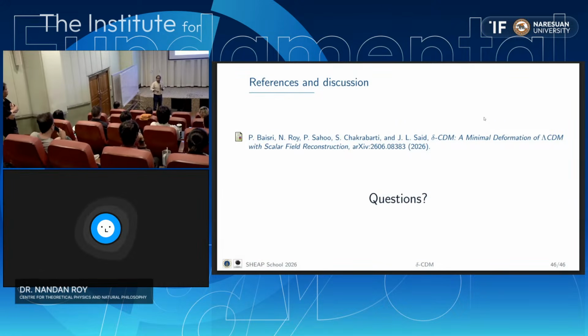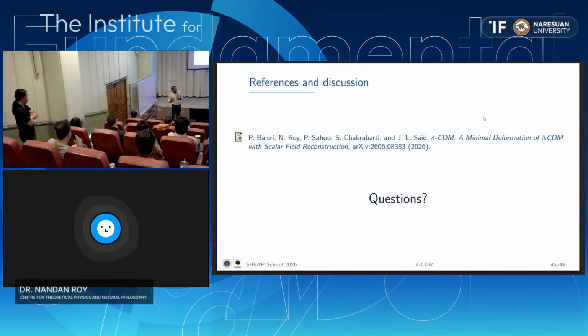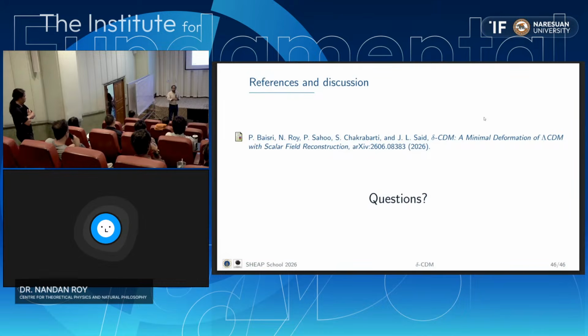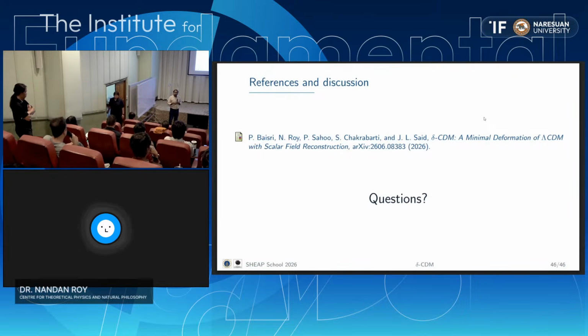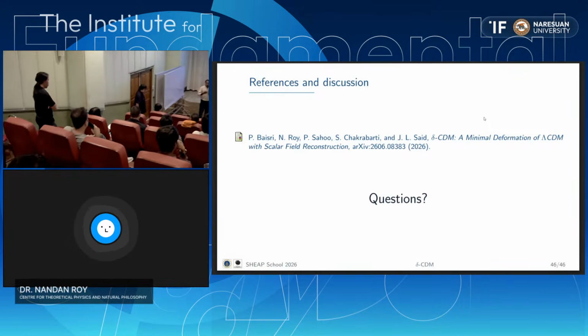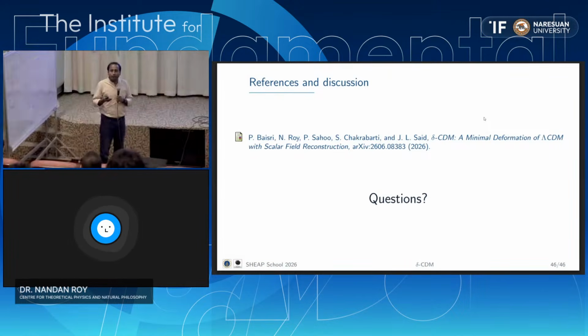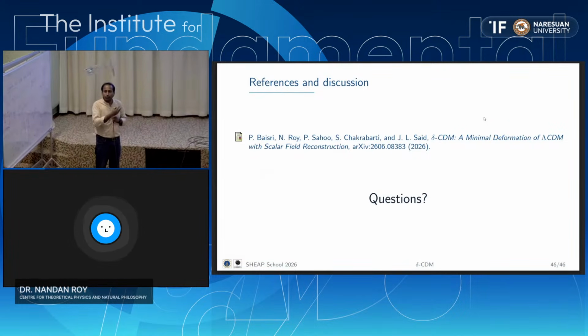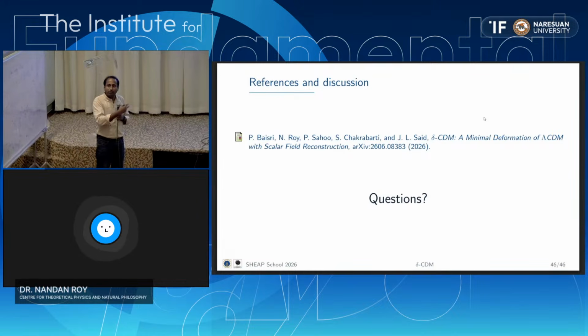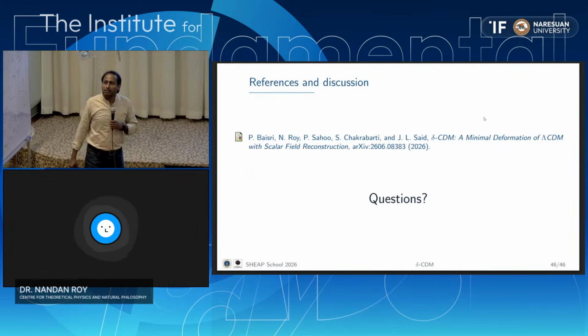You have to get from the data a preference over GR. So that will give you something robust. I think in general that's the problem with modified gravity. We have many modified gravity theories which can solve this problem, but they are not as successful as GR.